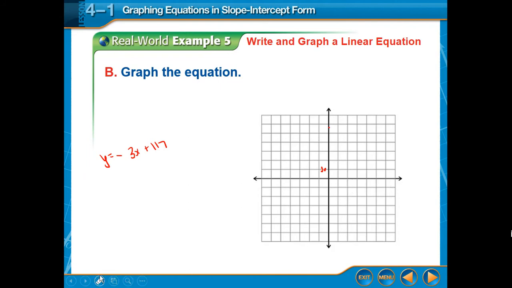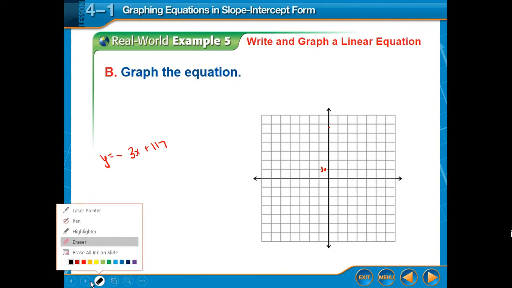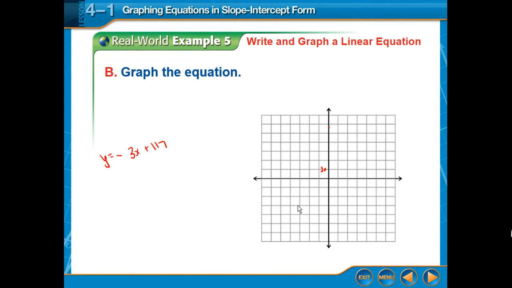Anyway, so for each beat, this is -3 over 1. So for every 1 it moves forward, it's going to drop 3. Yeah, no, we'll do this one too. So it's going to go down 3.